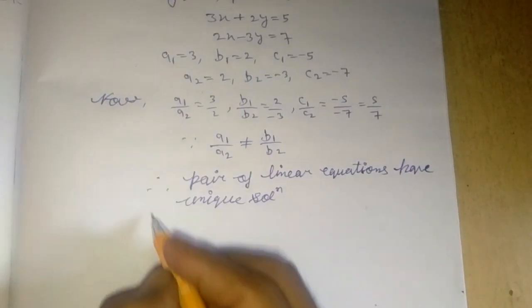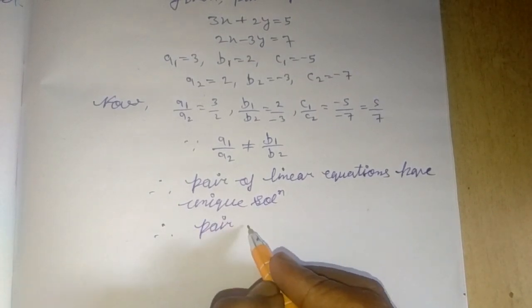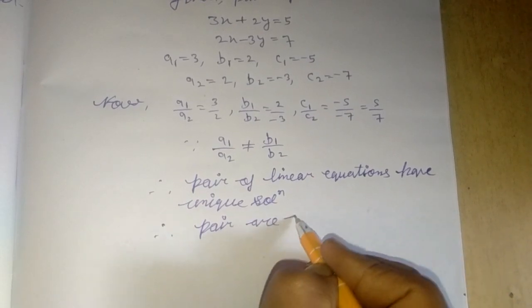Okay, therefore pair of linear equations are consistent.